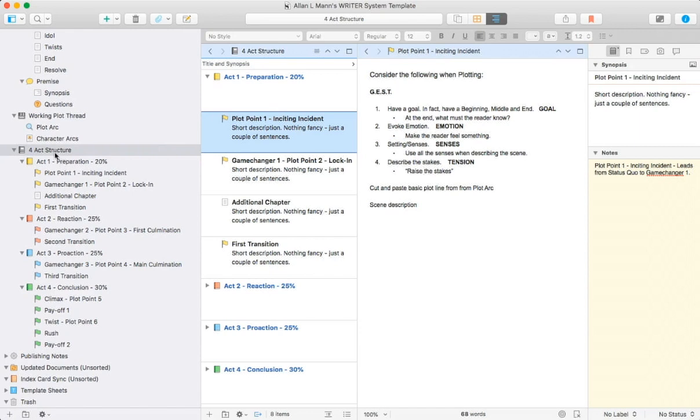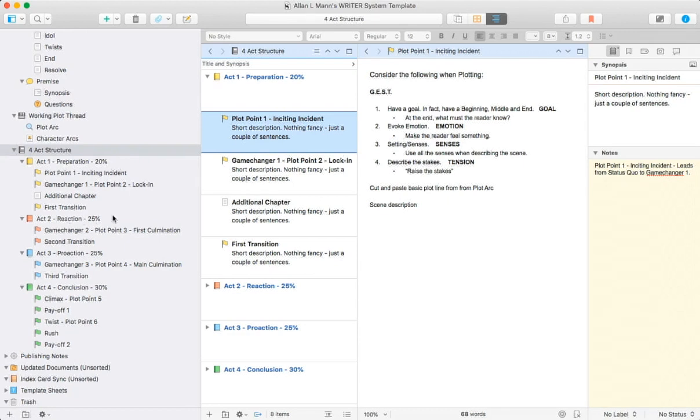So if we look at Act 1, again, I've broken it down for you as a checklist. It's more of a guide in this case of how much writing, how much of your novel, your story should take place in each of these acts. So in the preparation, I've said about 20%, and if you're looking at an 80,000 word novel, you can change that to words, a project or a word target for you.